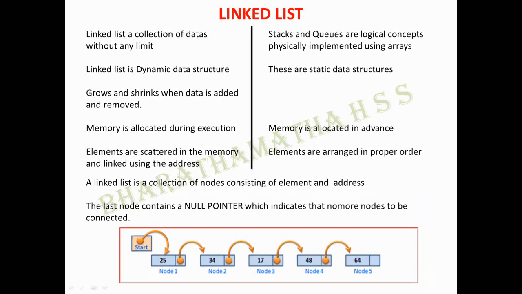A linked list is actually a collection of nodes. Here you can see this is a node, this is another node, and each one is called a node. Now these nodes, can you see that each one is split into two segments?